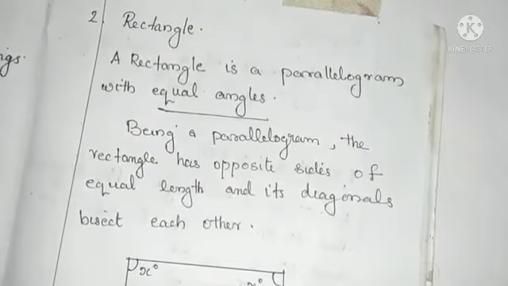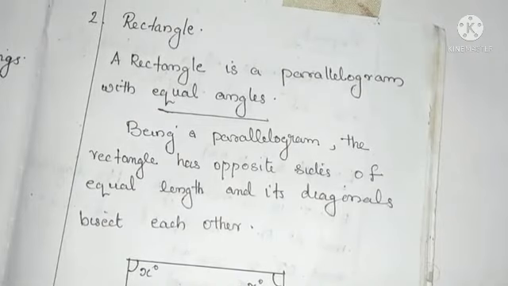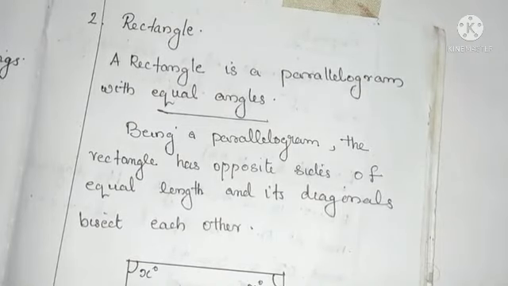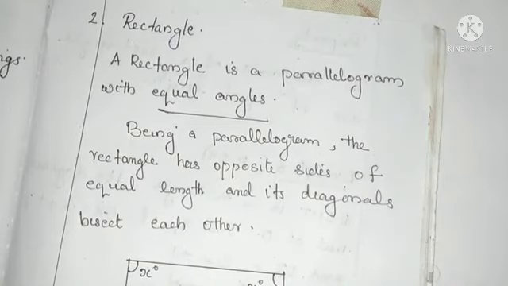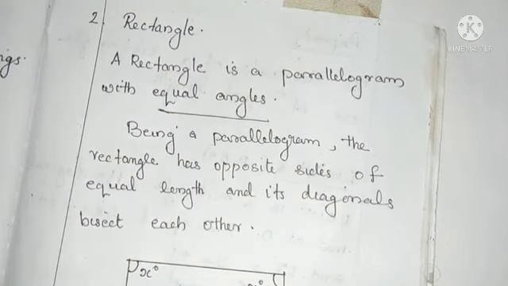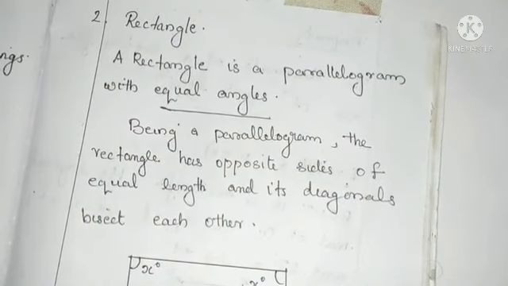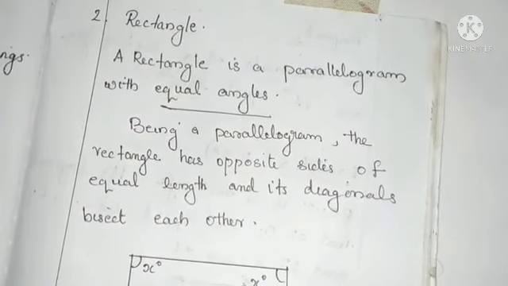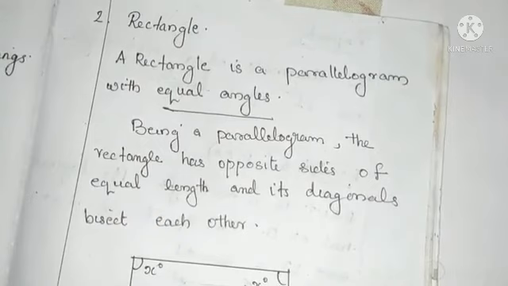Next, the parallelogram rectangle. What do you mean by a rectangle? A rectangle is a parallelogram with equal angles. How can we prove that in a rectangle all the angles are equal? We can do it with one example. Here one parallelogram, a rectangle, is given.